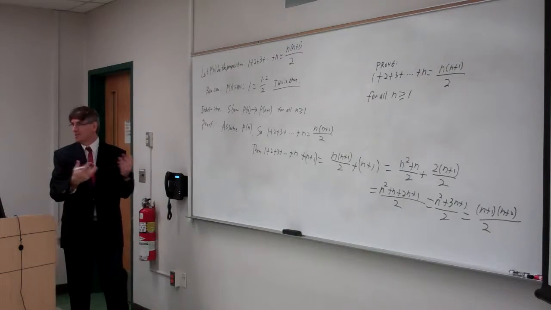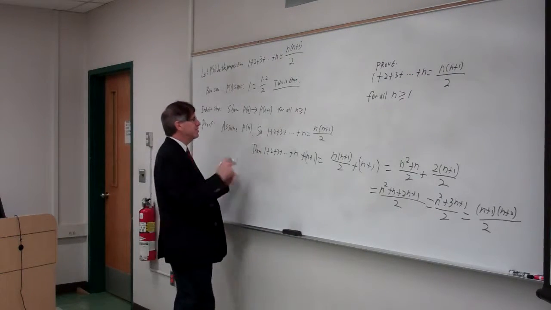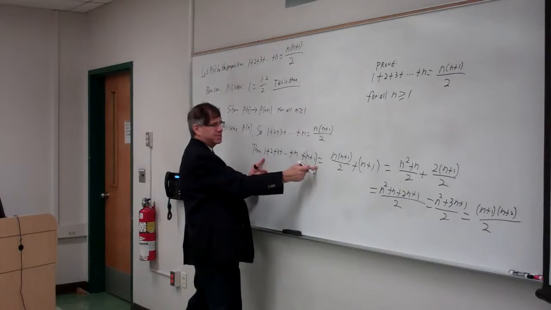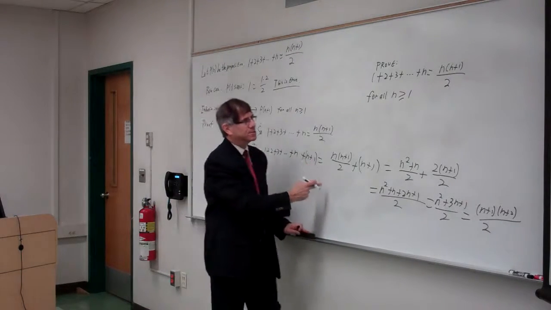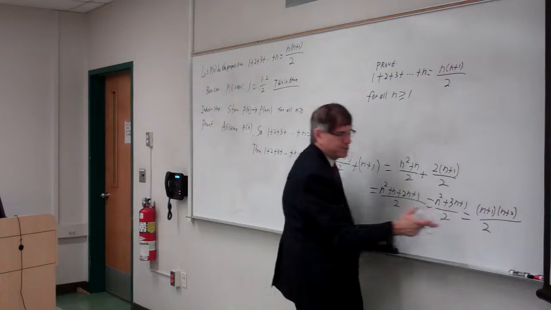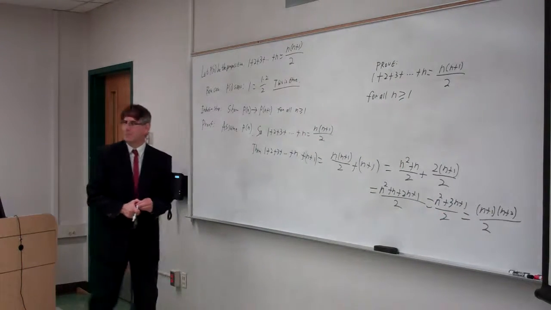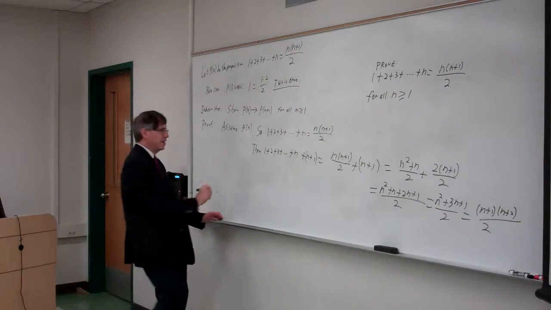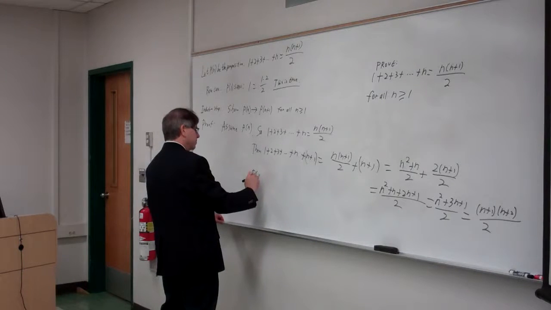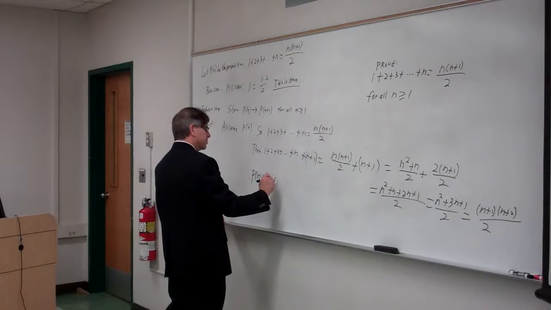So with a few algebraic manipulations, we've proven that if P of n is true, then the sum of the first n plus 1 integers is n plus 1 times n plus 2 over 2. And that is exactly what P of n plus 1 says.